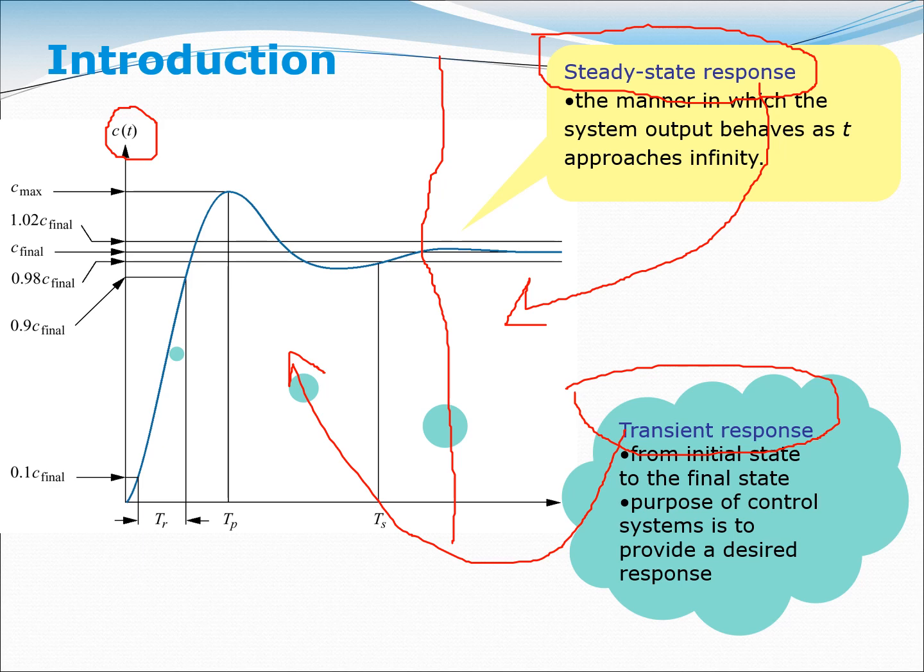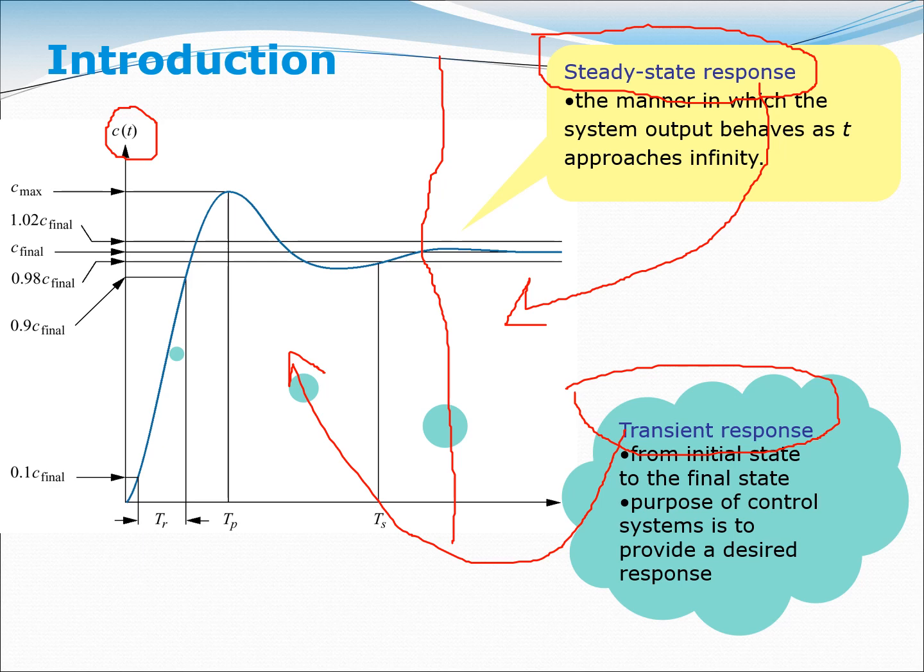Okay, let's see the detail or the definition of the transient response. It is from initial state to the final state, and the purpose of a control system is to provide a signal or the output according to the desired response. Meanwhile, the steady state response is the manner in which the system output behaves as t approaches infinity.